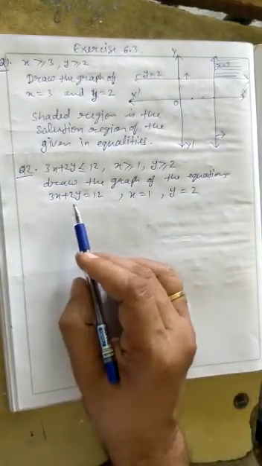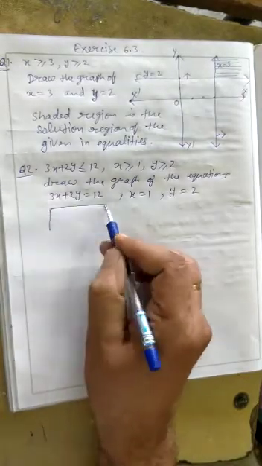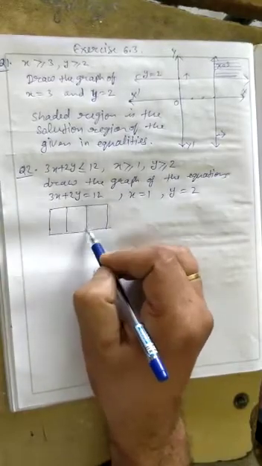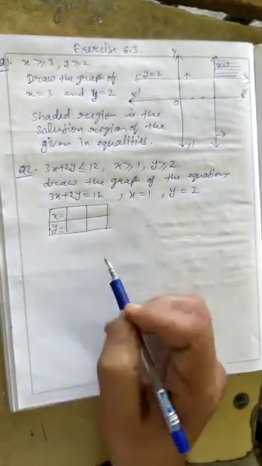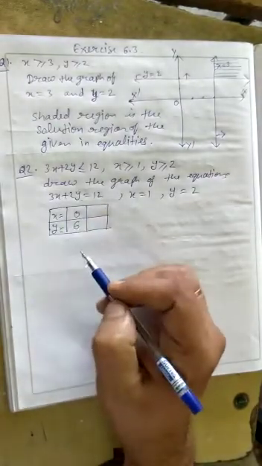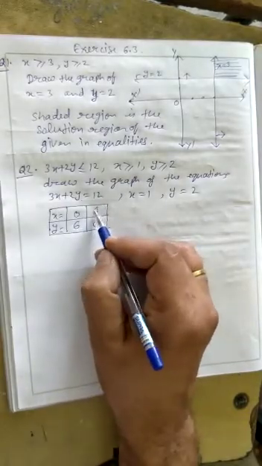Here is 3x plus 2y equal to 12. For this you can prepare a table containing 3 columns, x and y. If we take x equal to 0, then y equal to 6. If we take y equal to 0, then x equal to 4.